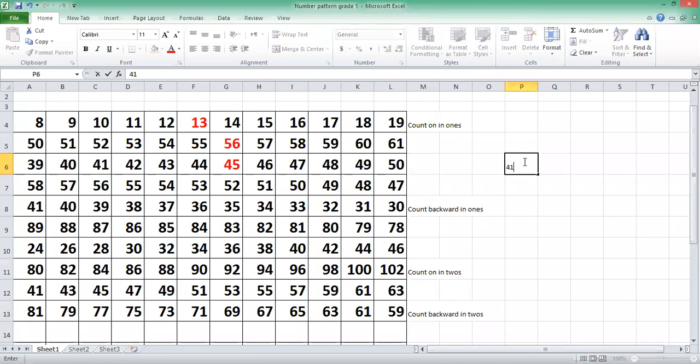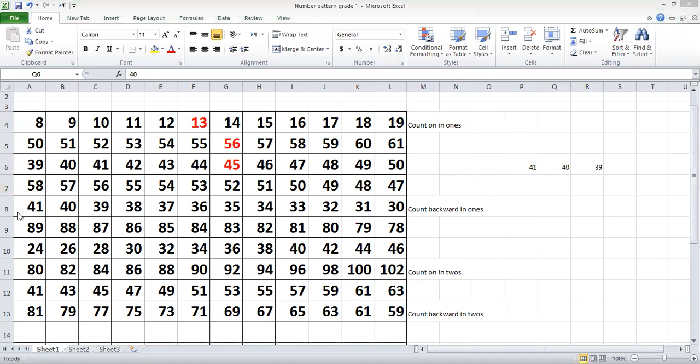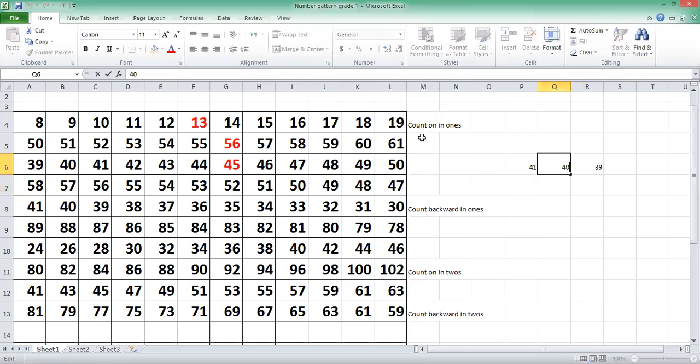If you count back in ones after 41, it will be 40. You can check by this also: 41 minus 1 is equal to 40.